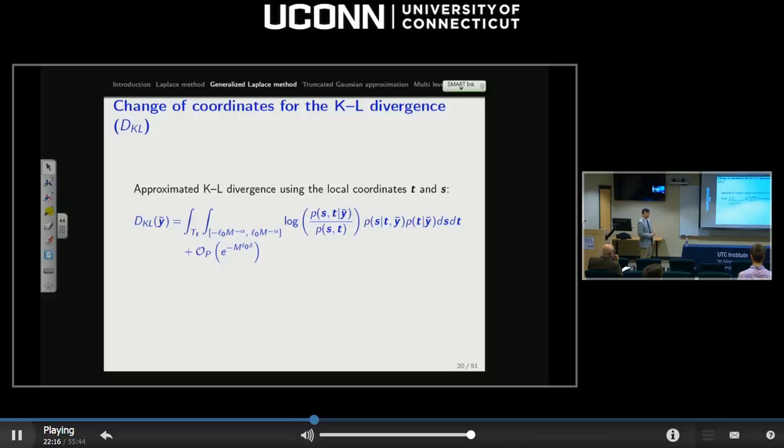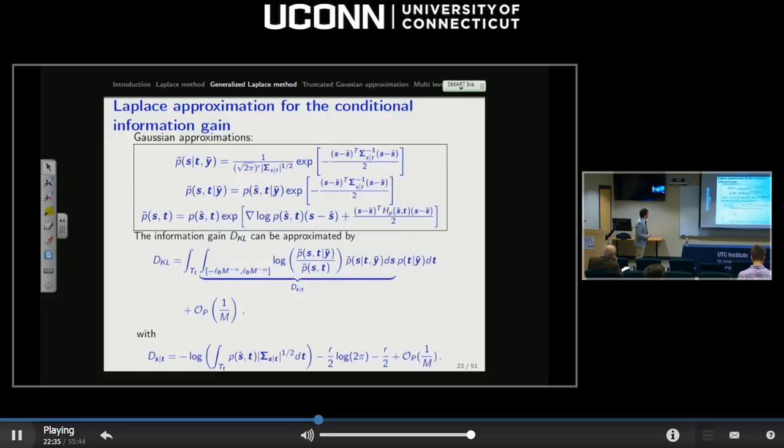And within omega m, you can change the coordinate. And you can do the integration first on the manifold t, and for fixed t, you do integration in s direction. Right? And remember that in s direction, we can do Laplace. And here is the Gaussian approximation for all the weight functions for given t and in s direction.